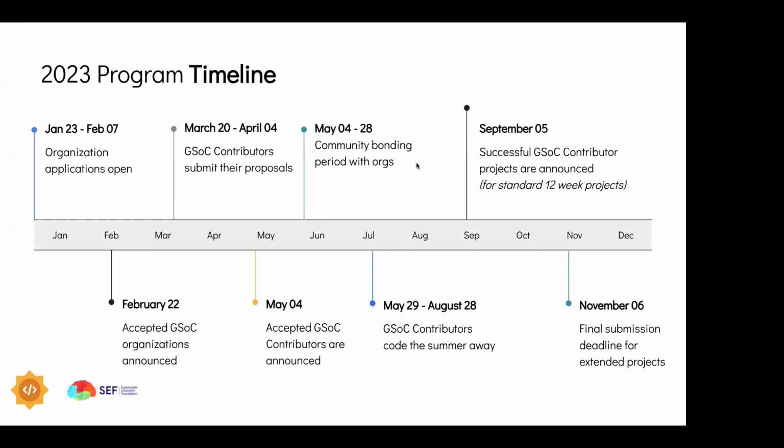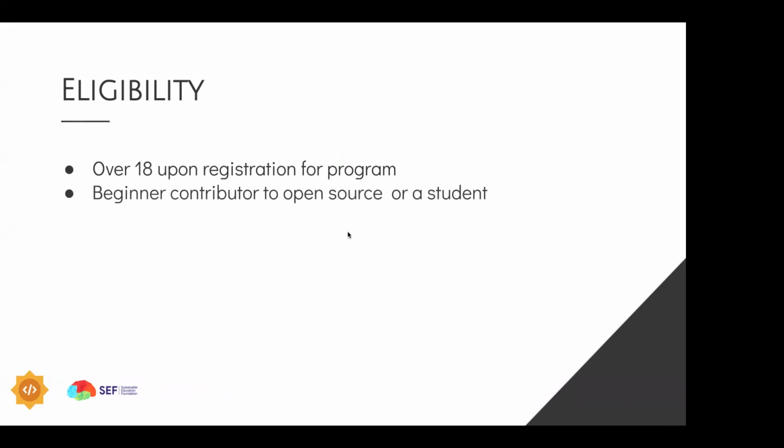Let's move forward and take a look at the eligibility requirements. The main requirement is that you need to be over 18 when you are registering for the program. You can be a beginner for open source, you can be a student, you can be whatever, it doesn't matter. And you have not been previously accepted into GSoC more than once.